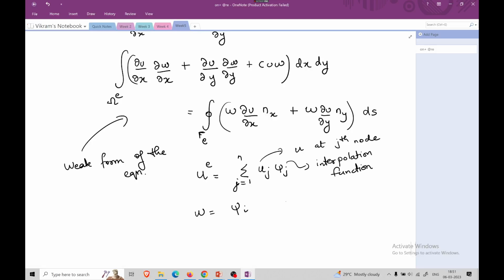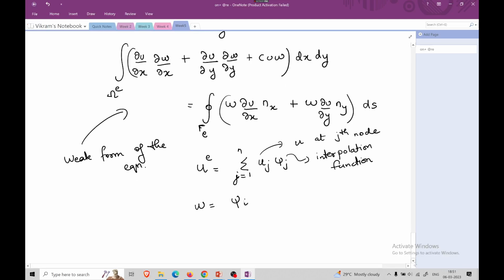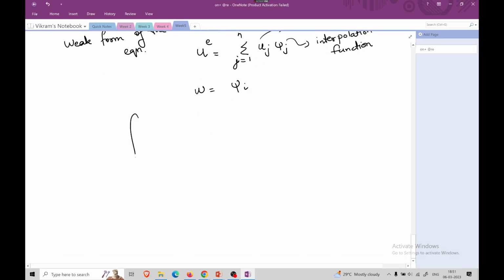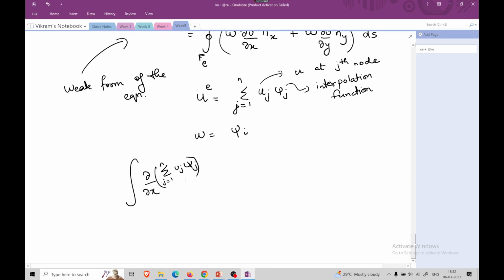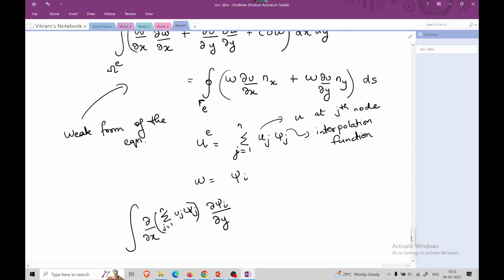So we can substitute like this: dou u by dou x is dou by dou x of the summation uj psi j, and dou w by dou x is dou psi i by dou x.